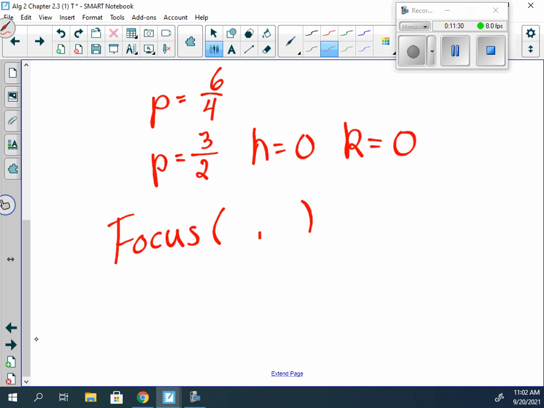Focus is h plus p comma k. Well, h is 0 and p is 3 halves. Well, what is 0 plus 3 halves? So the focus is 3 halves comma 0. That's it.